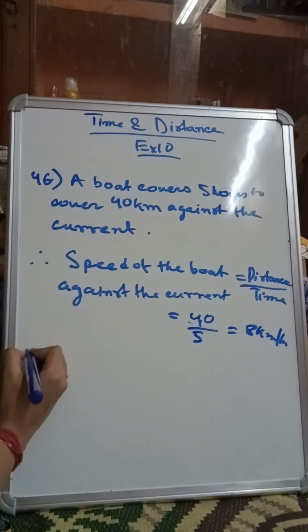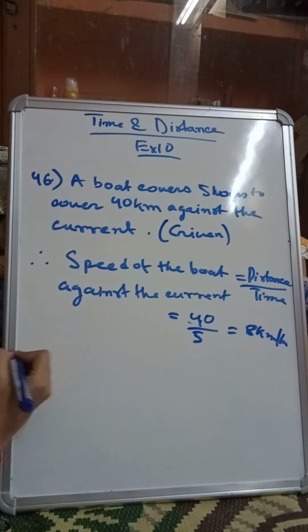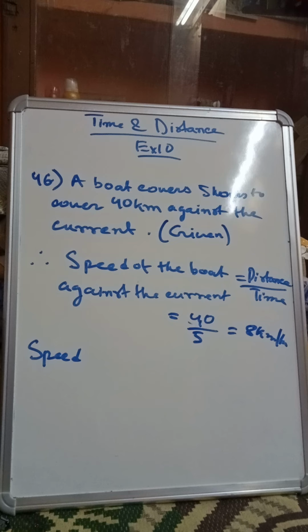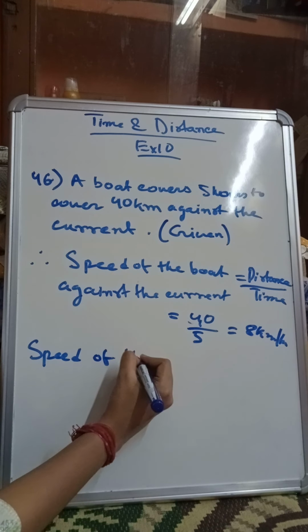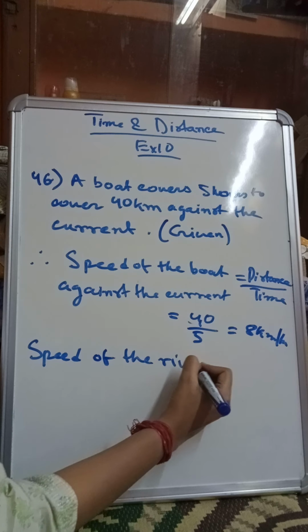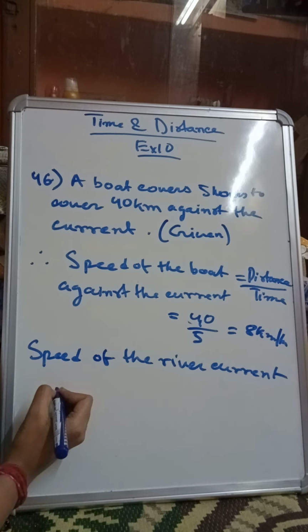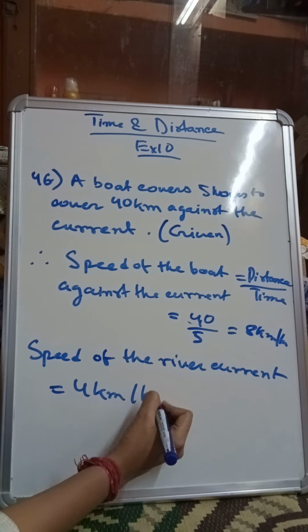It is also given, this data is provided, the speed of the river current, here it has been said as 4 kilometers per hour. So the speed of the river current is 4 kilometers per hour.